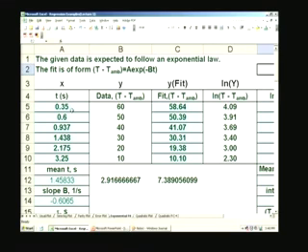Okay, now let us look at the data. There are 6 data points, 1, 2, 3, 4, 5, 6, and there are corresponding 6 values of temperatures. So 0.35, 60, 0.6, 50, 0.937, 40, 1.438, 30, 2.175, 20 and 3.25 times.